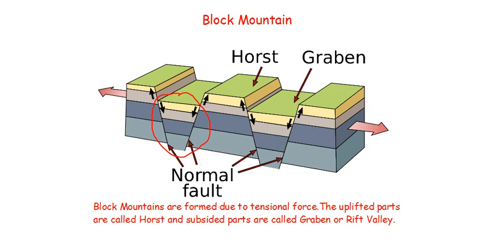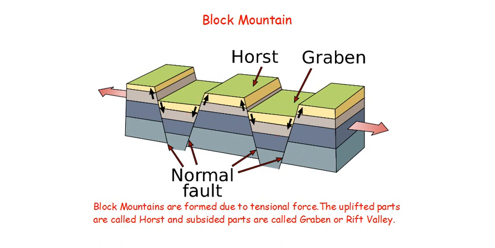Now, unlike fold mountain, the force which is responsible for the formation of block mountain is called tensional force, which acts in opposite directions. And as a consequence, what happens? There is development of a fracture or crack on the earth crust. And along this fracture line, what happens?